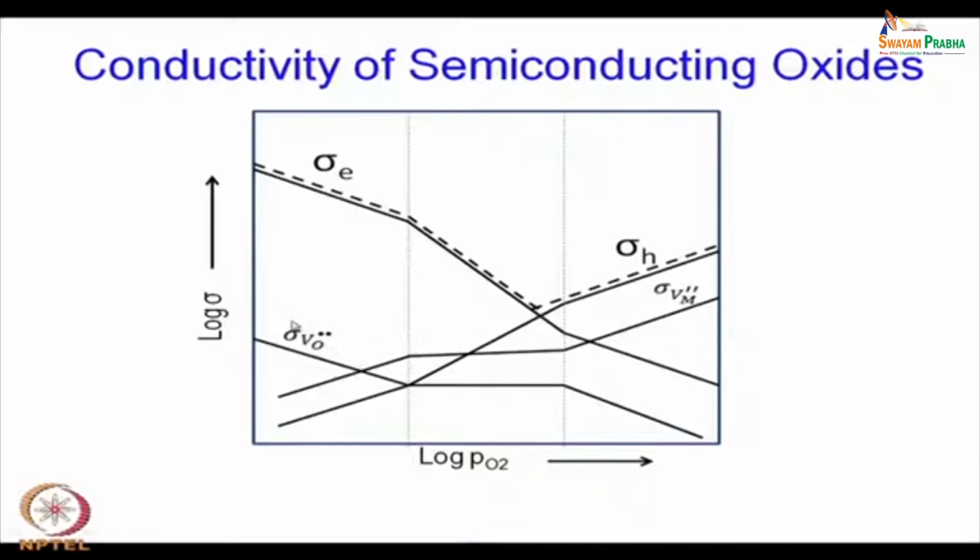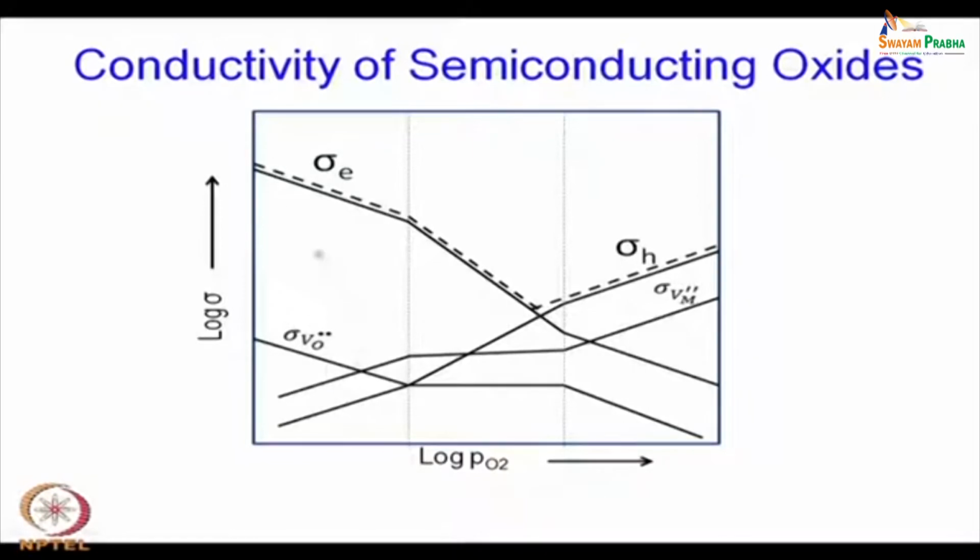So, the conductivity arising from the oxygen vacancy in the same material will be like this, there is a constant region there. But these are immaterial to us, because that will not get reflected in the ultimate measurement or ultimate property.